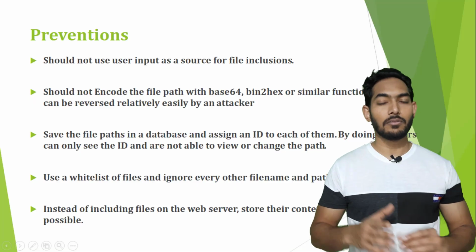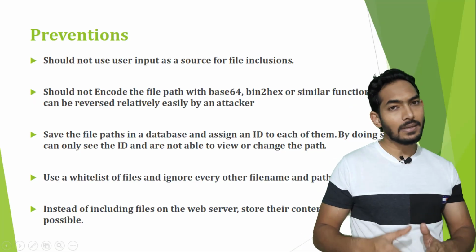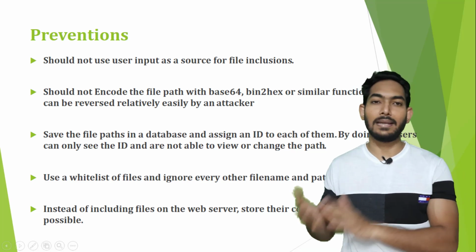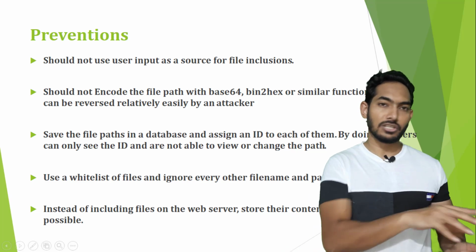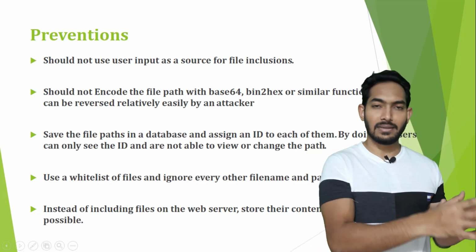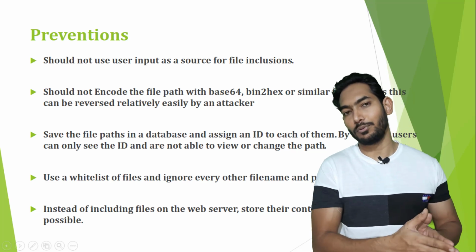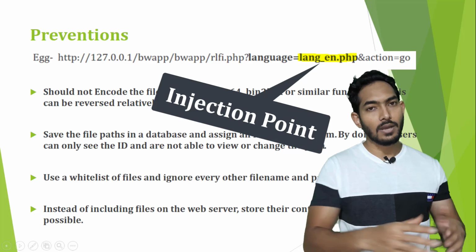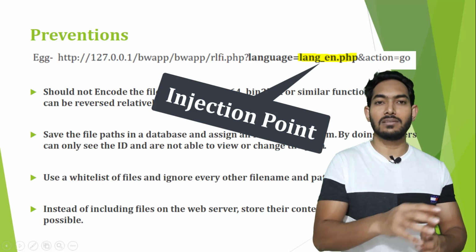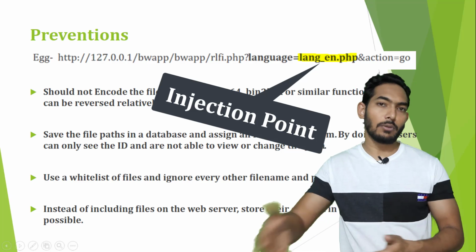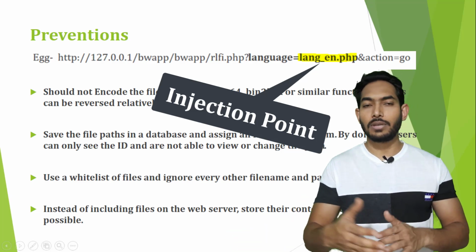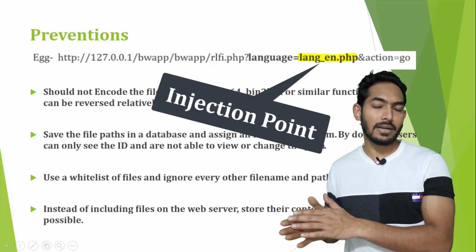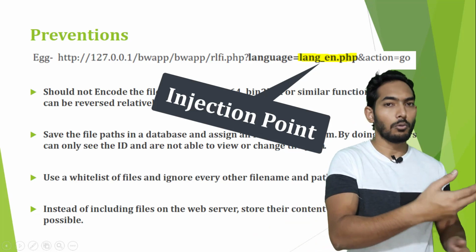So here our first prevention is that a web application should not use user input as a source for file inclusion. So here it means that the injection point, which is exactly acting as a source for user input, because here exactly an attacker or any user can try to embed or replace it with any other sensitive file, and he can try to access the content of this file, right? So we have seen in the previous video how exactly an attacker can try to replace the file name with the original file name.